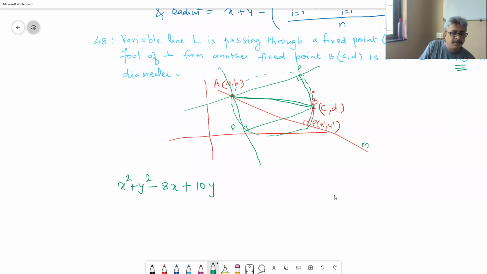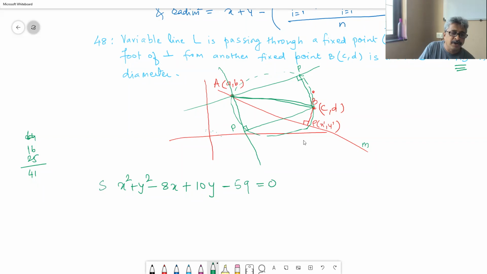Let me make the radius of this circle quite big. 16 plus 25 is 41, and if I want the radius to be 100, minus 59 is equal to 0.